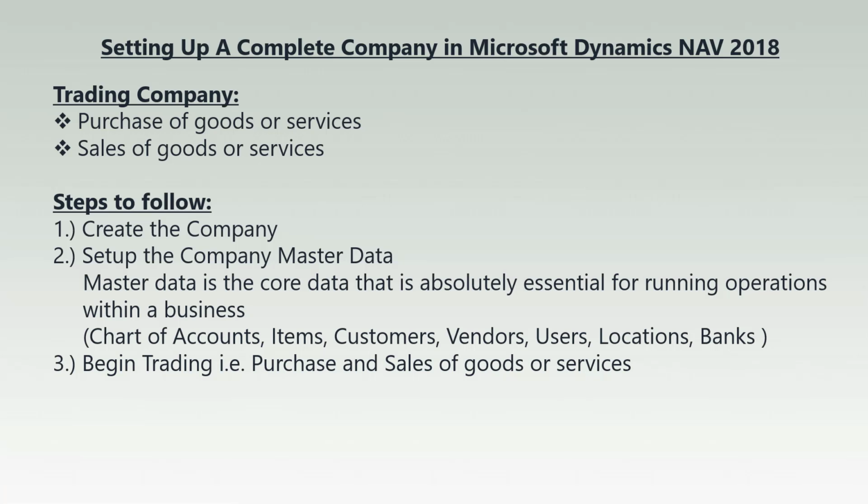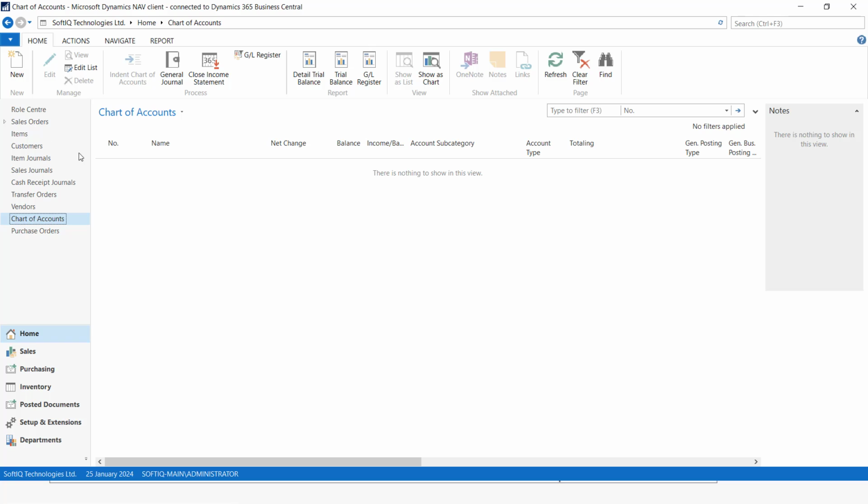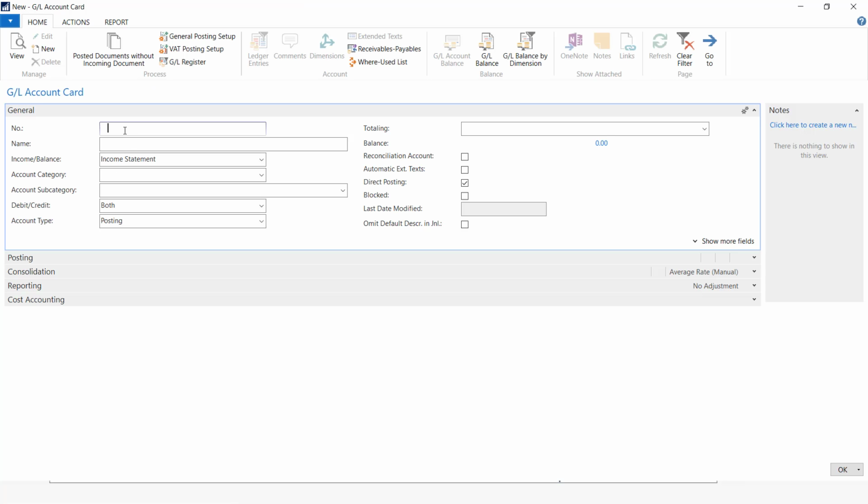So now what we're going to do is begin with setting up the chart of accounts. The way the chart of accounts is going to be set up, we are going to begin with the balance sheet accounts and then the income statement. There are several accounts which are very crucial so that we can begin trading. So we first of all begin with the balance sheet accounts. You can begin by creating a heading.